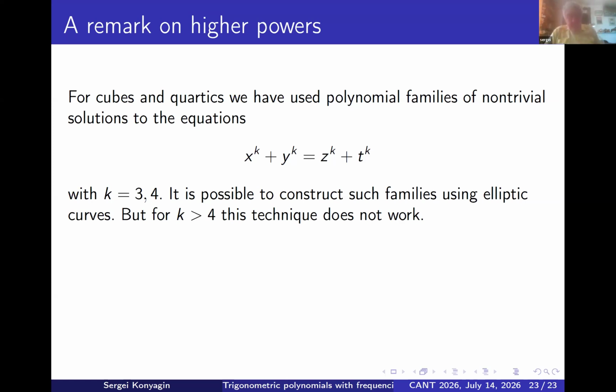But if k is greater than 4, this technique doesn't work.